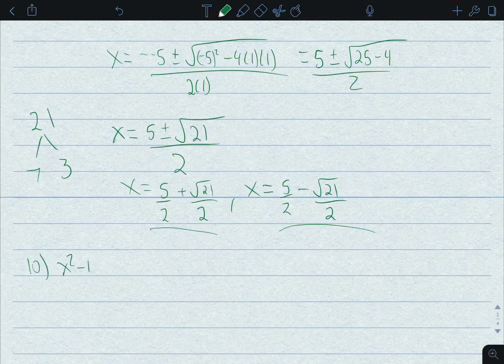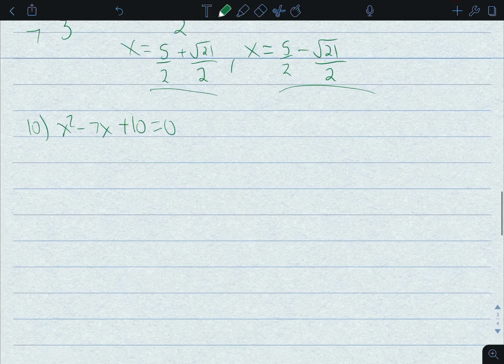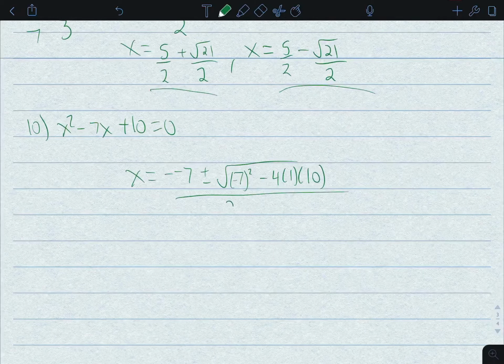X squared minus 7x plus 10 equals 0. It's already in standard form, so x is equal to negative negative 7 plus or minus the square root of, never mind, I was going to skip a step, but I won't. Negative 7 squared minus 4 times 1 times 10, divided by 2 times 1.